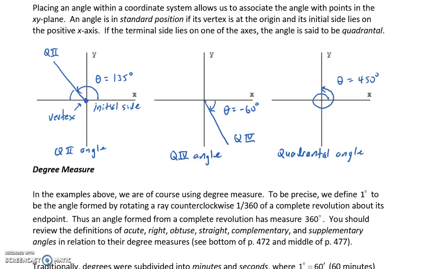You can have positive measure, negative measure. So you have all of these different possibilities, really just an infinite number of possibilities when it comes to angle measure. So this is an example of a quadrantal angle, a 450 degree angle whose terminal side coincides with the positive y-axis.